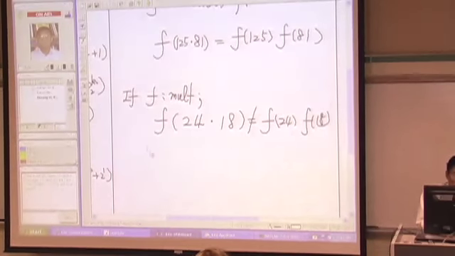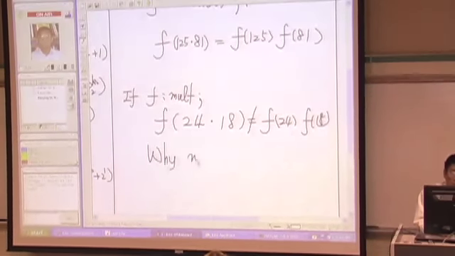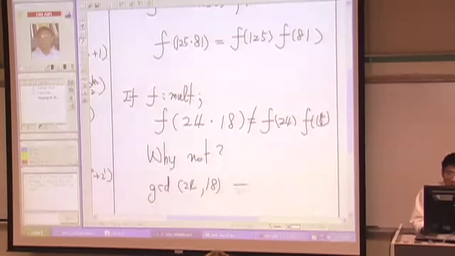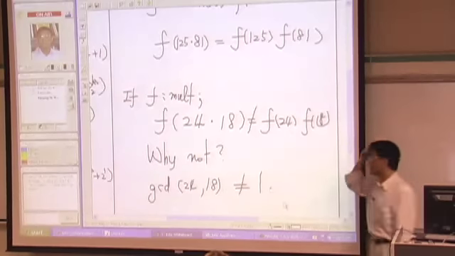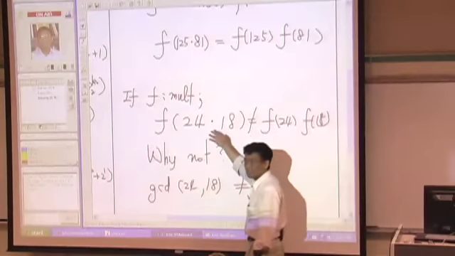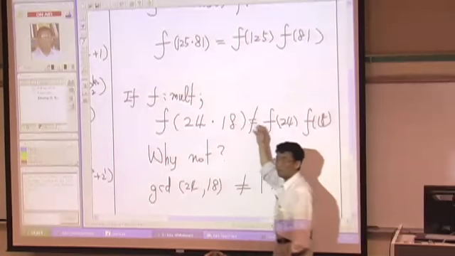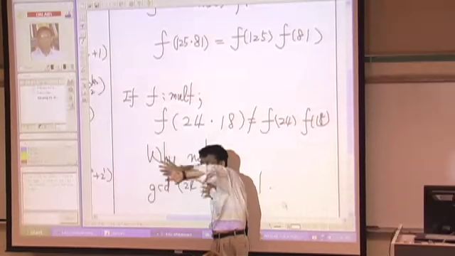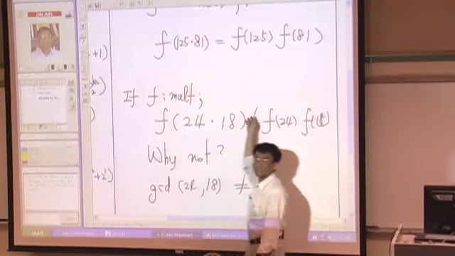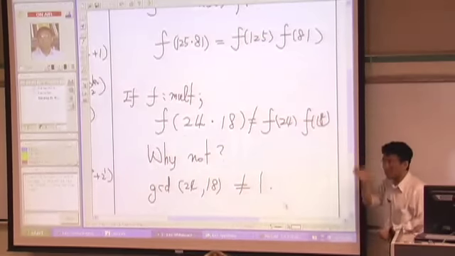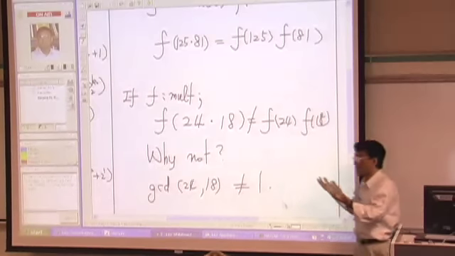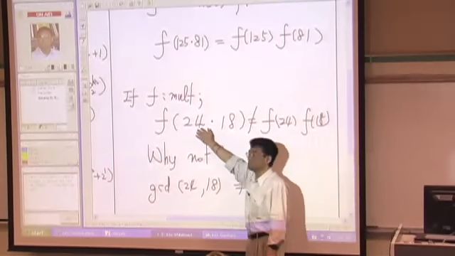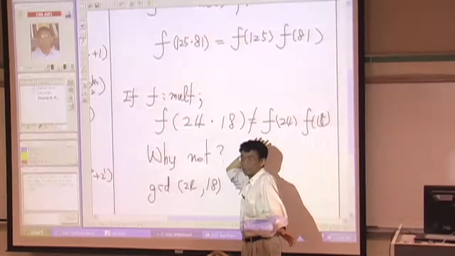Not. Why not? That's right. GCD of 24 and 18 is not equal to 1. In other words, even if f is multiplicative, we don't have any guarantee that we have this kind of expression. Only when these two numbers are relatively prime can we get this kind of result. Do you get it?